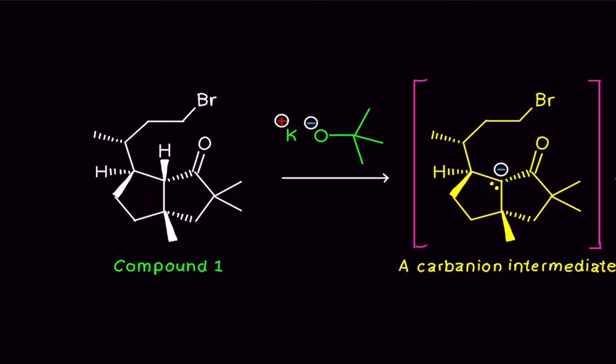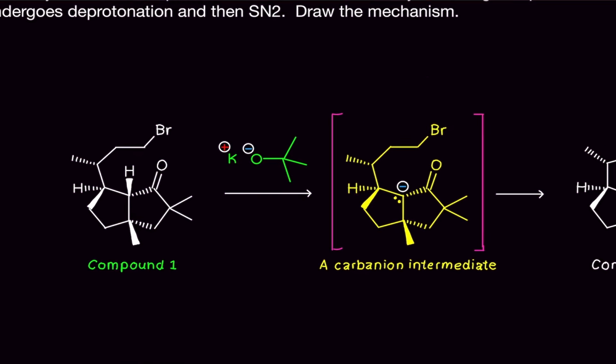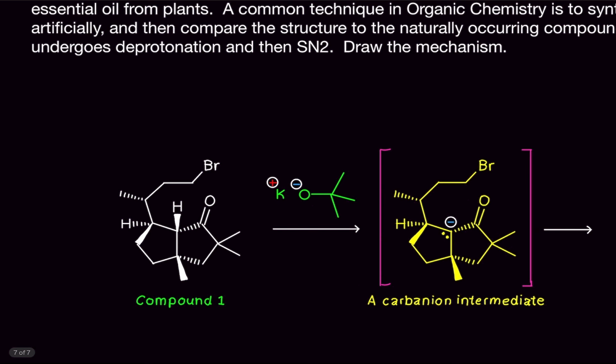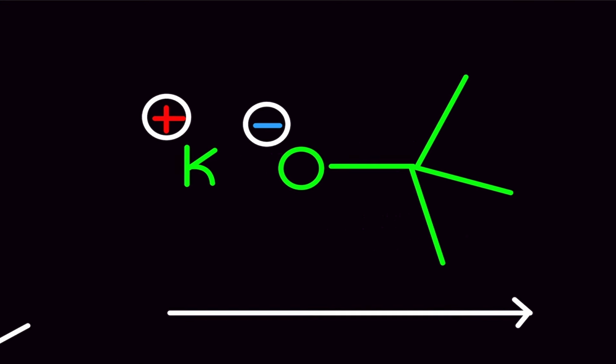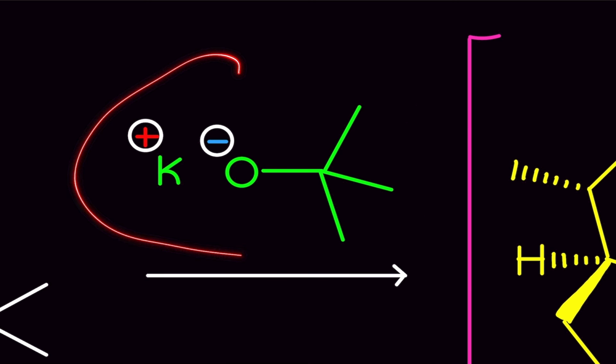Okay? So, here's what's going to happen. We have to do a deprotonation. I went over deprotonation in the last video, so please check that out as well. So, this right here is potassium tert-butoxide. The potassium does nothing. This is like a sodium.